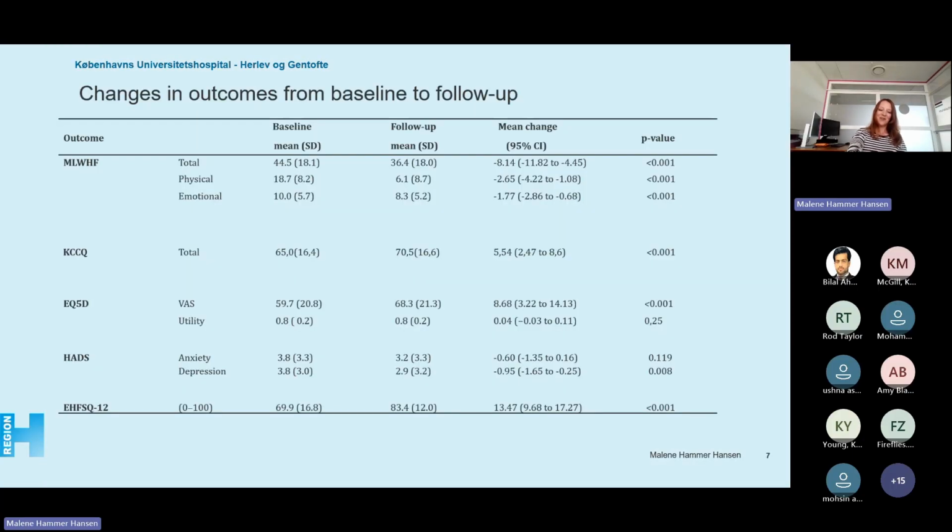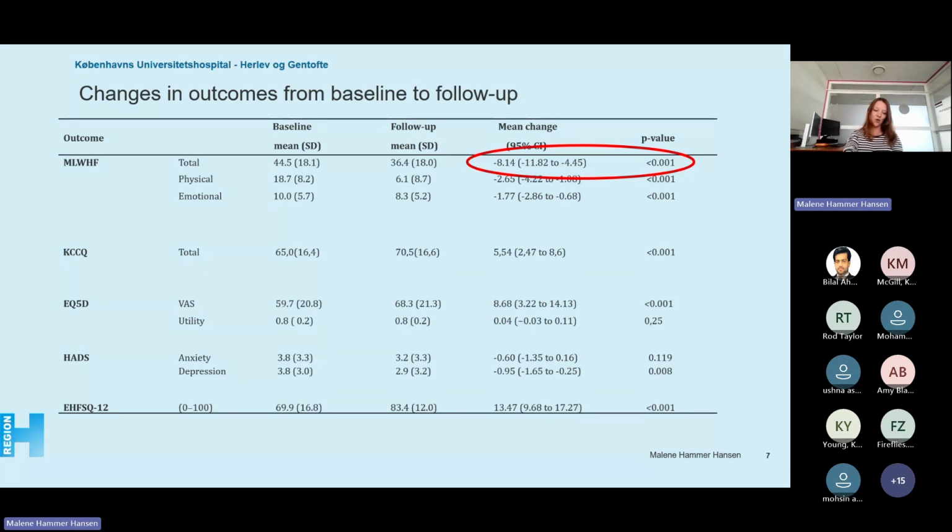So how about the patient-reported outcomes? So we observed improvements across several patient-reported outcomes. Our primary outcome was disease-specific quality of life, measured using the Minnesota Living with Heart Failure questionnaire, again in line and the same used in the UK.